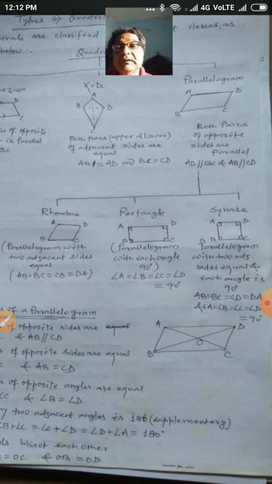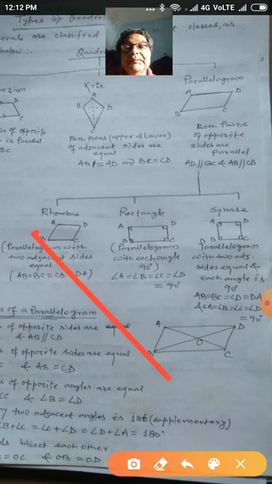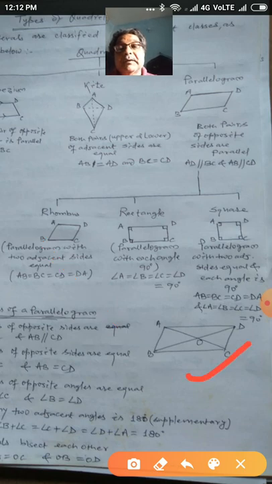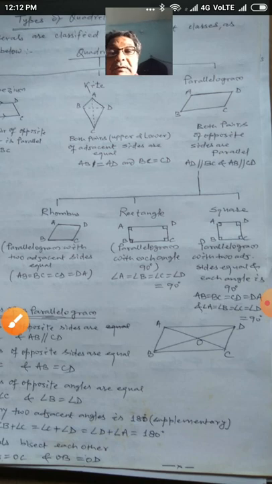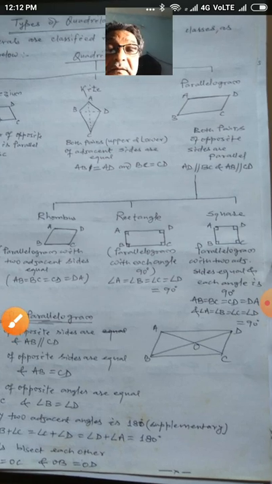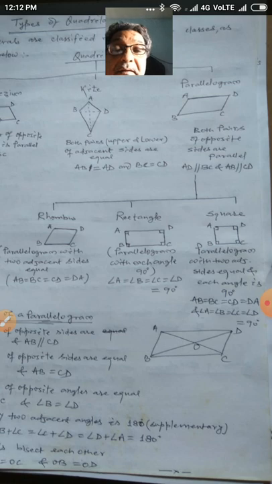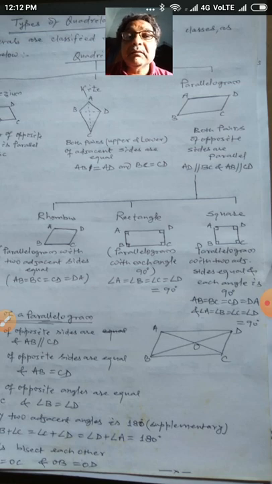So for this parallelogram ABCD, we just list all its properties. First one is both pairs of opposite sides are parallel, that is AD parallel to BC and AB parallel to CD. Second point, both pairs of opposite sides are equal, that is AD equal to BC and AB equal to CD. Third property is both pairs of opposite angles are equal, that is angle A equal to angle C and angle B equal to angle D.